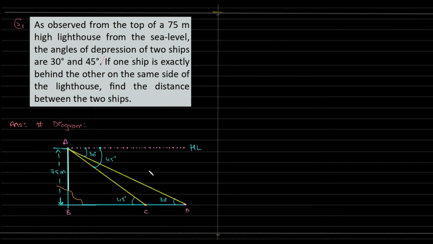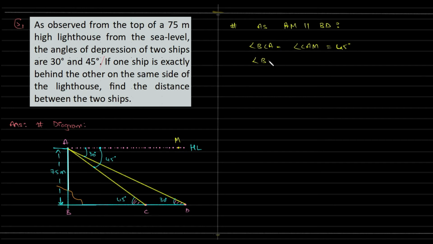We begin with the angles, this particular angle and this particular angle are 45 and 30. For that, we begin with A, and we'll call this AM, which is parallel to BD. Angle BCA is equal to angle CAM is equal to 45°.